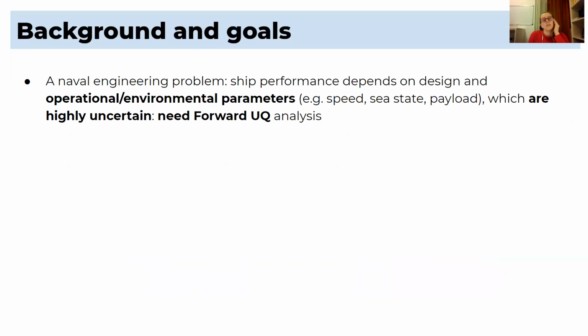We can think of speed, the sea state, the payload, and many others. These parameters are affected by uncertainty. They are highly uncertain, and therefore we need to do some forward UQ analysis.